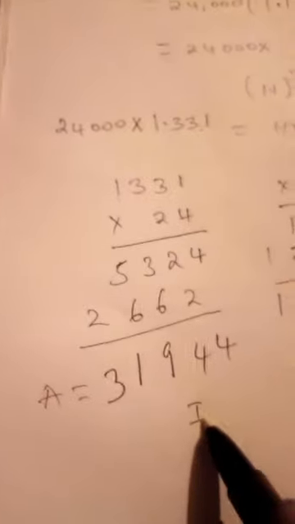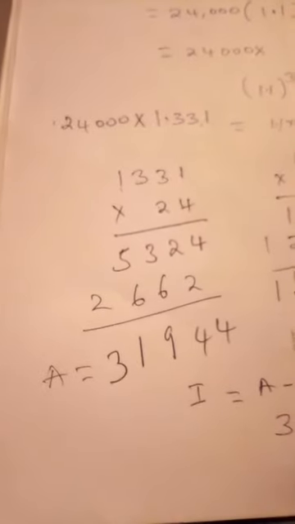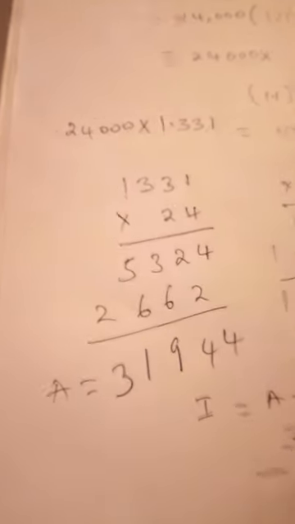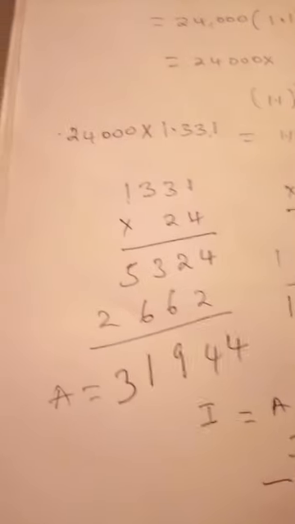So amount is equivalent to 31,944. We can subtract, because we said the formula is that compound interest is equivalent to amount minus principal. So we take our amount as 31,944 and subtract the principal, which is 24,000, so that we can get our compound interest.